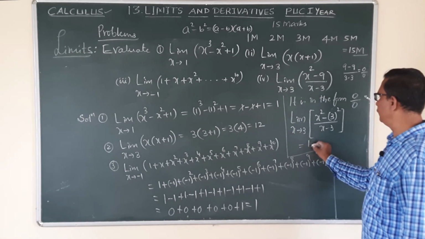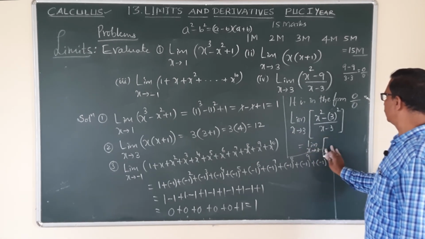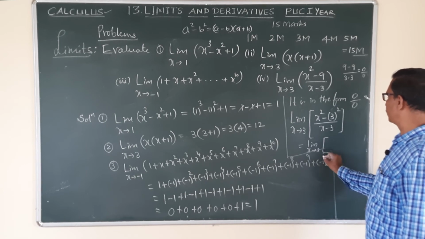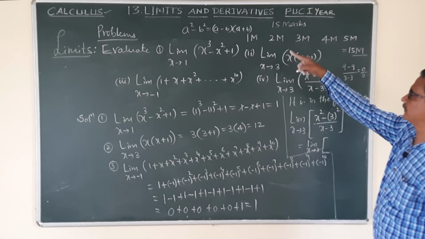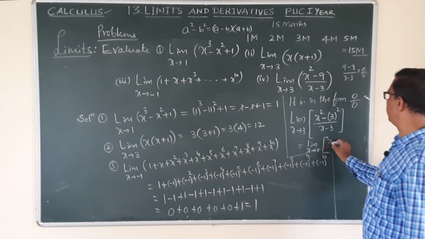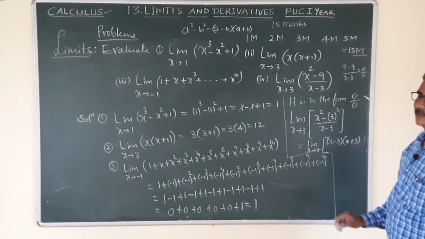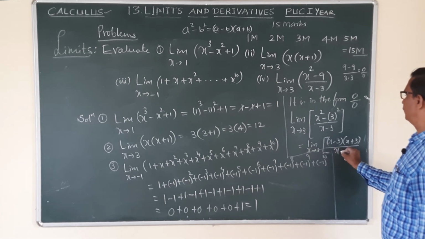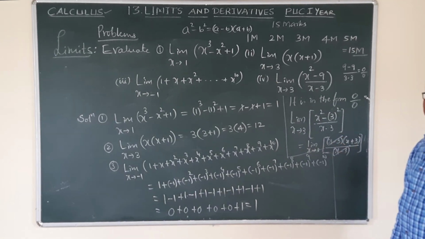That is the limit as x tends to 3 of x squared minus 3 squared. It is in the form a square minus b square, formula a minus b, a plus b. So x minus 3 into x plus 3 divided by x minus 3 as it is. So one factor x minus 3 cancels.